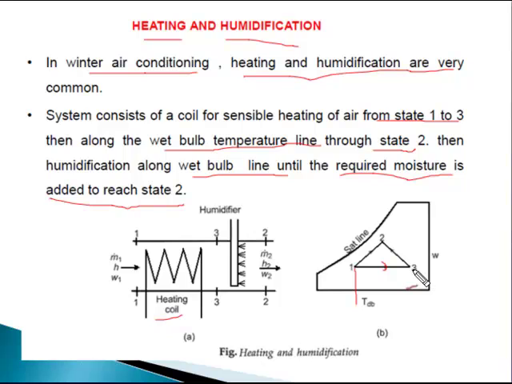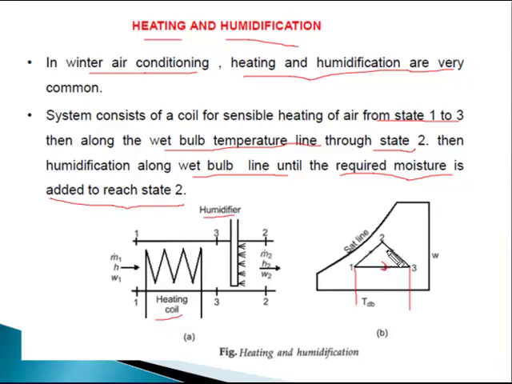Then we use a humidifier that sprays water into the moist air, which absorbs the water vapor and decreases the temperature of the air, because when water vapor is absorbed, it takes the latent heat from the air.